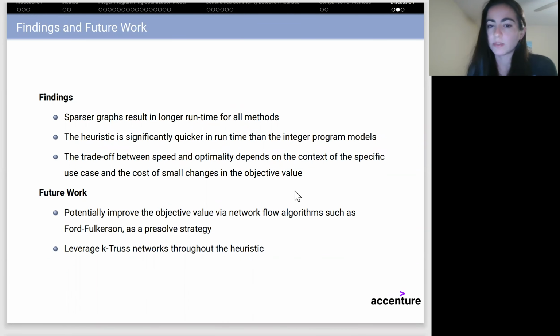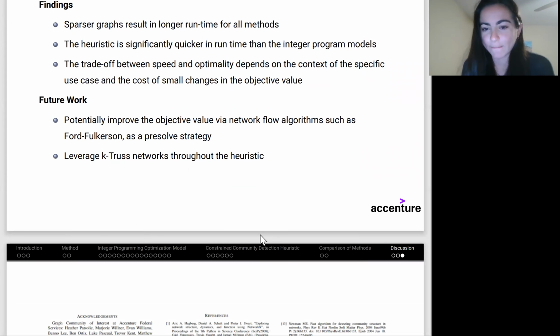For future work, we'd potentially improve the objective value by also implementing a pre-solve strategy that could include network flow algorithms like the Ford-Fulkerson algorithm, which in the Karate Club, they use that as well. We could also leverage K-truss networks throughout the heuristic during the iterative phase.